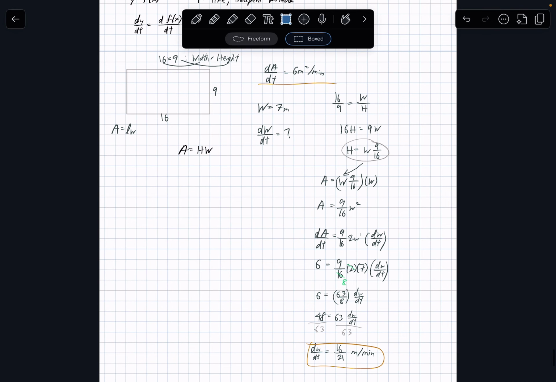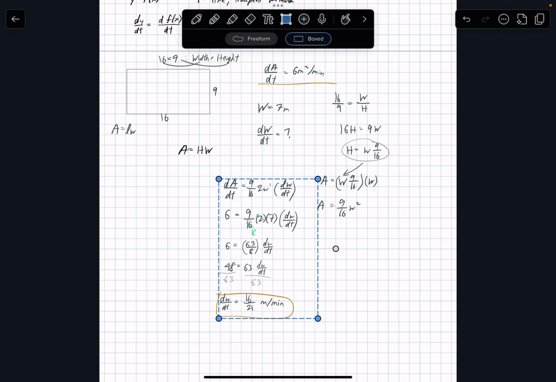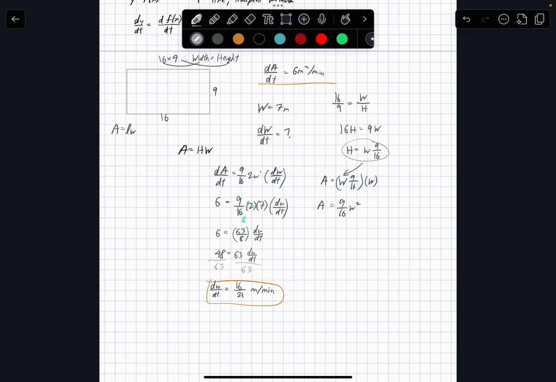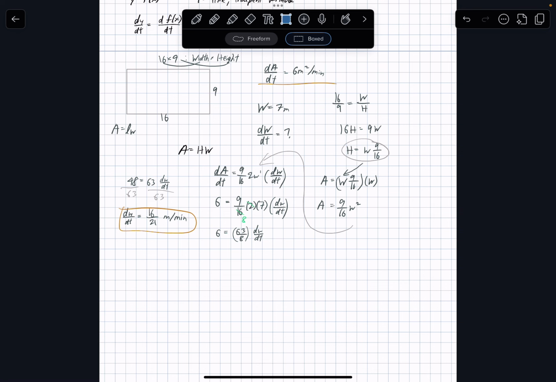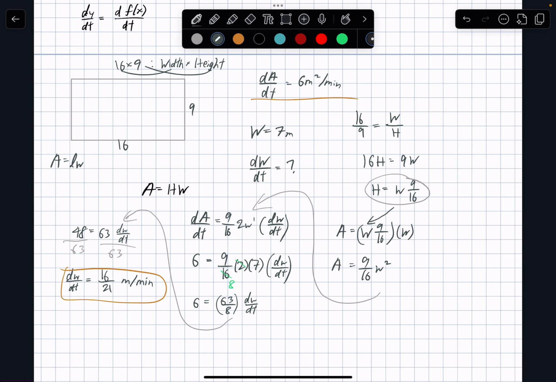That's it for this problem. So that's how fast the width is expanding at w equal to 7 meters.